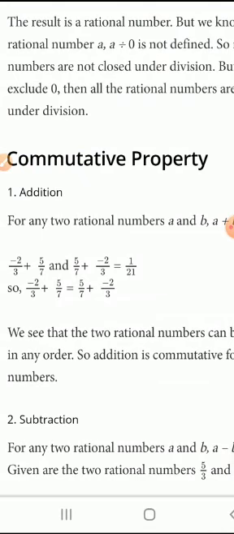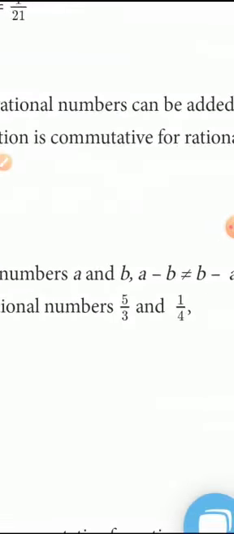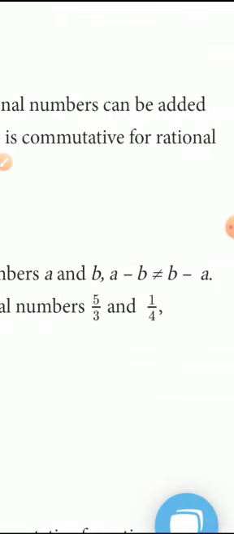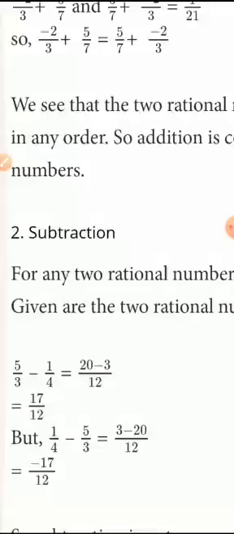Let us see the commutative property for subtraction. For addition, we have seen that a plus b equals b plus a; in any order, we can add rational numbers. Let us see whether we can subtract rational numbers in any order or not. If two rational numbers are there, a and b, let's see whether a minus b and b minus a give the same answer.